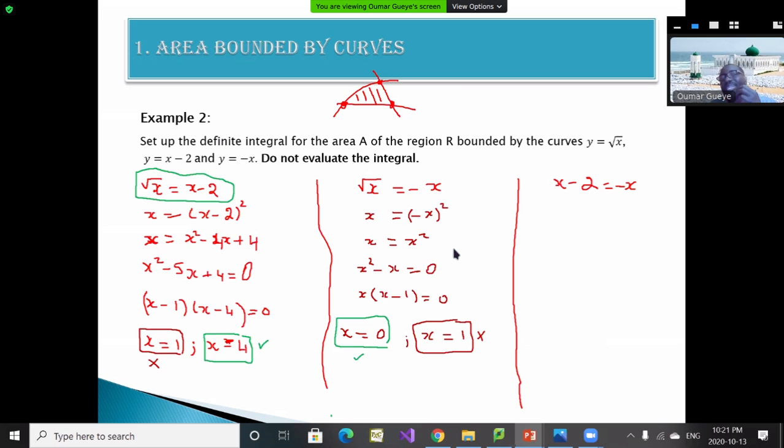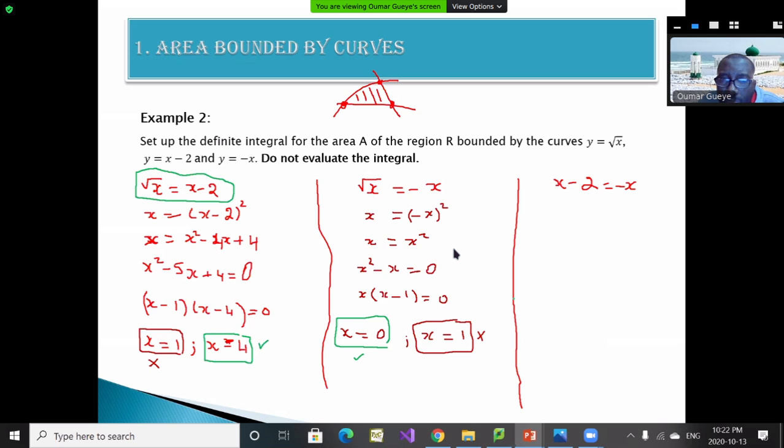Again here, I only have one intersection point between the first curve and the third one. And the intersection point is at x equal to 0. Okay. Now, the last case is the intersection point between the second curve and the third one. I'm going to move my minus x from left to right.